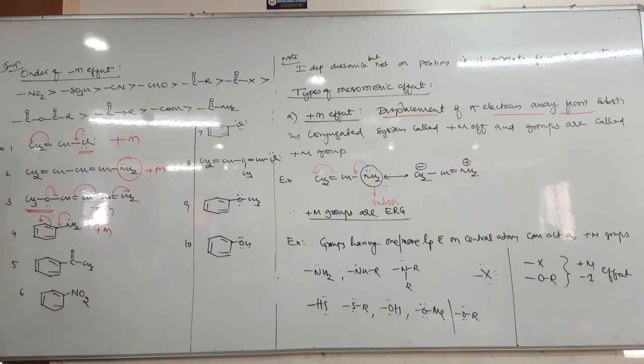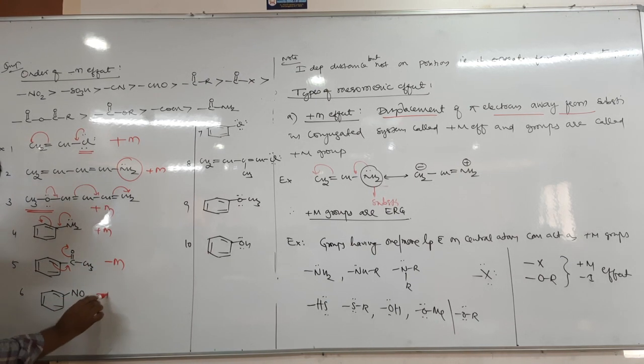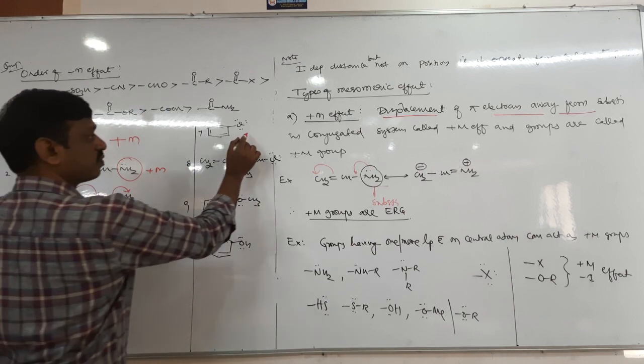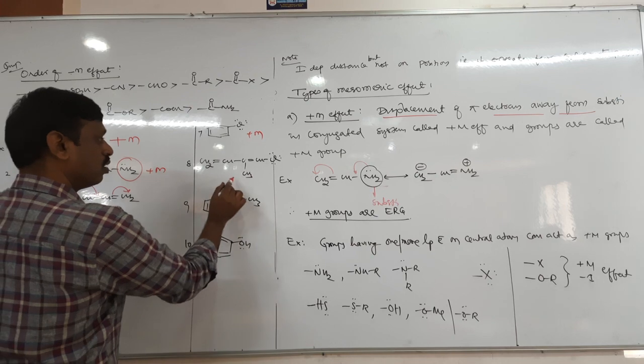Next, it is minus M. This pi shifts onto oxygen, this pi bond comes outside, therefore it is minus M. Next is minus M. Next is plus M. Next is plus M only.